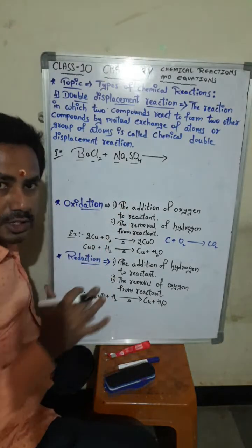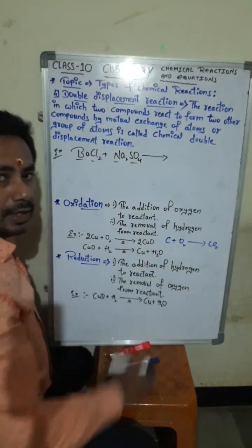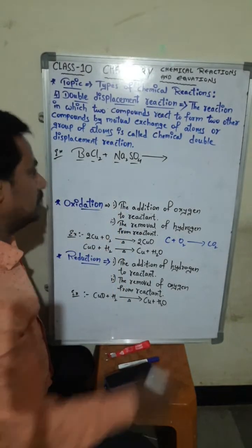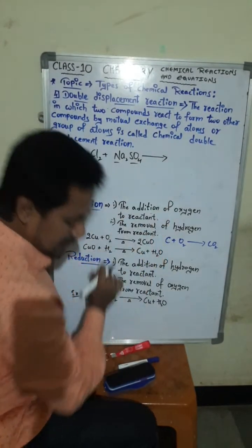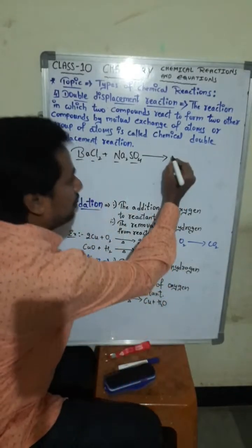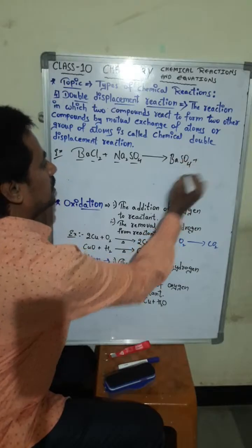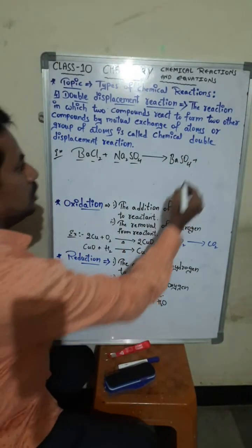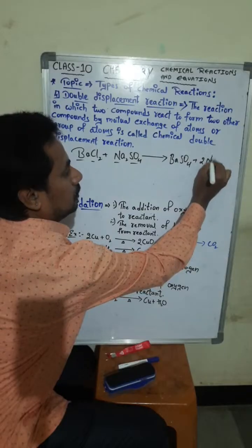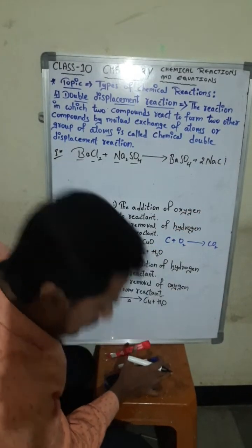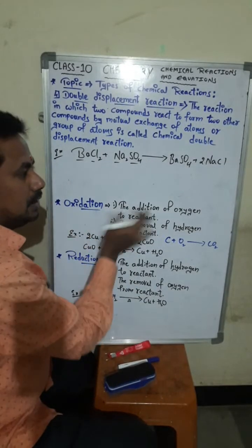When two compounds react and totally new compounds come, that is called a double displacement reaction. What will be the result? BaSO4, barium sulfate, and sodium chloride. It is balanced and double displaced here.